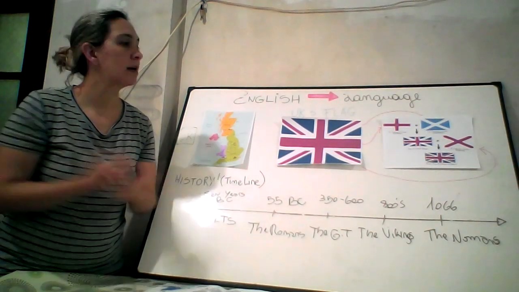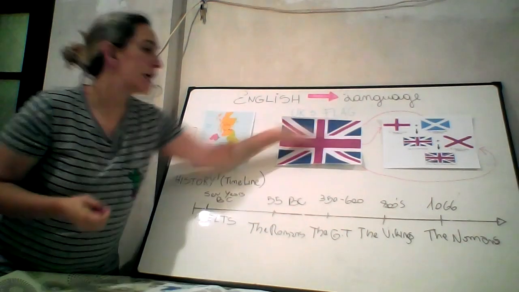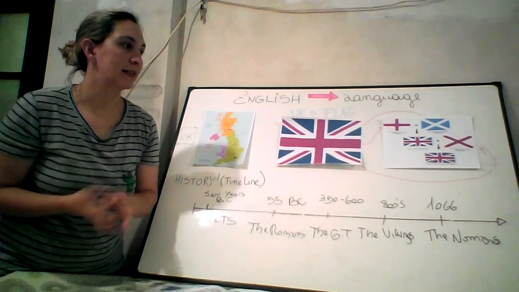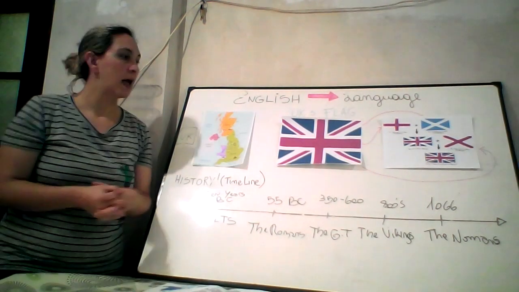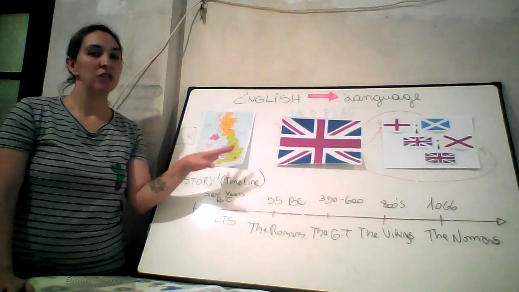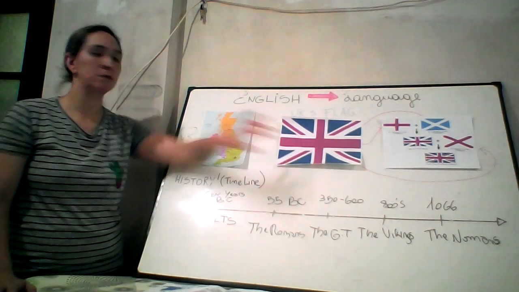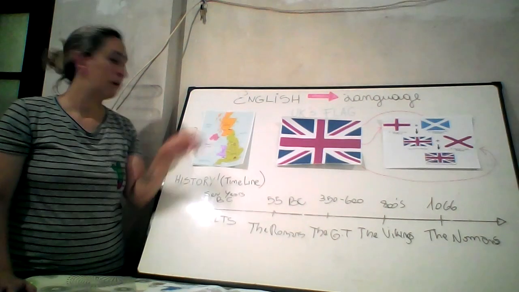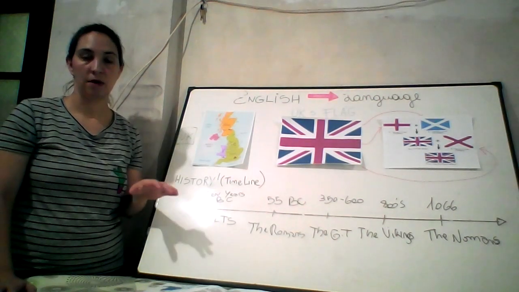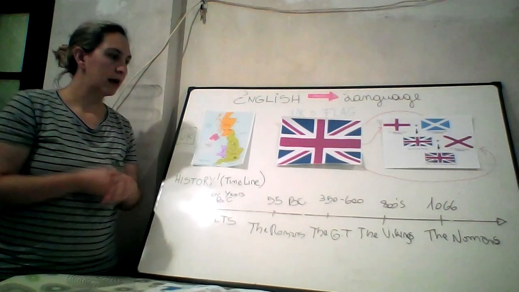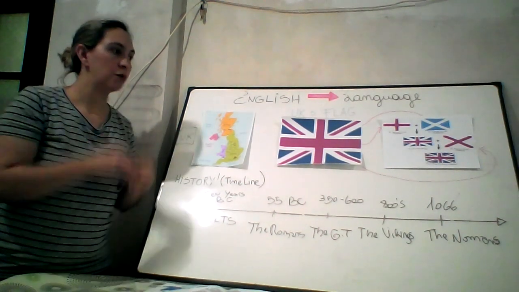And then we have the red X, which belongs to Ireland, and it's St. Patrick's Cross. I'm not mentioning anything about Wales because when the flag was created, Wales wasn't part of the UK yet.